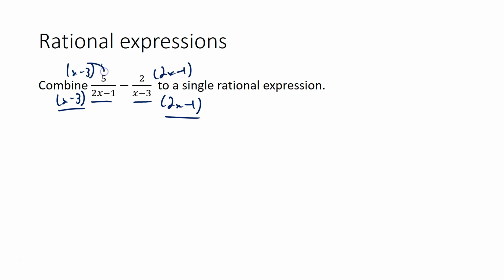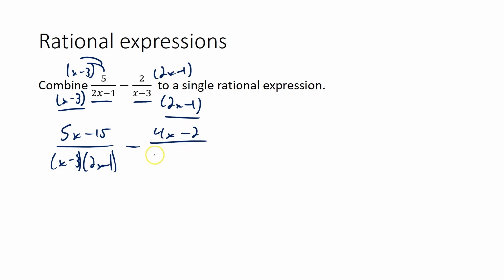So if we distribute the 5 here, 5x minus 15 over x minus 3, I'm going to leave it factored, 2x minus 1. Minus 2 times 2x is 4x minus 2 over x minus 3, 2x minus 1. The thing people always forget to do is distribute this negative here, but you have to.